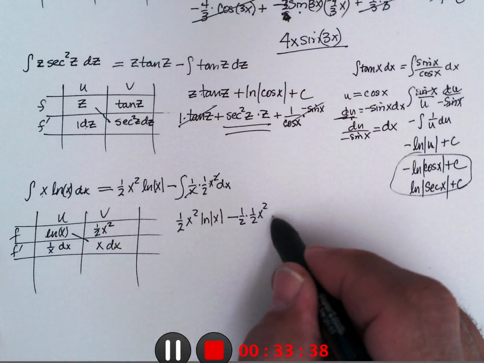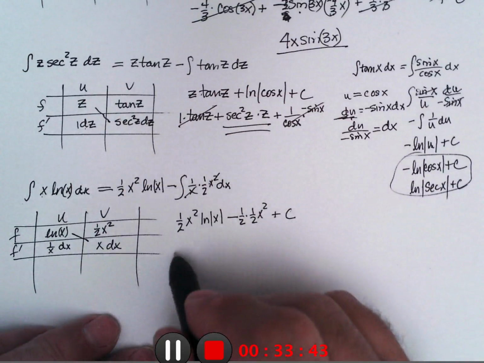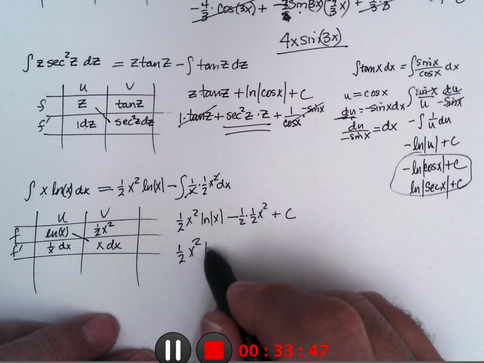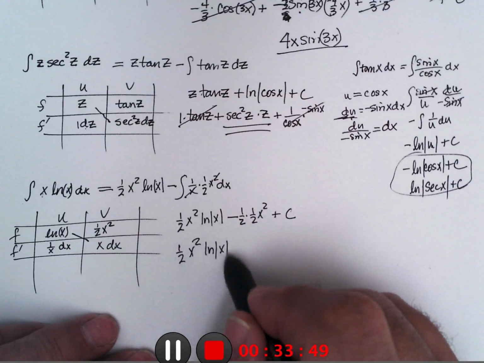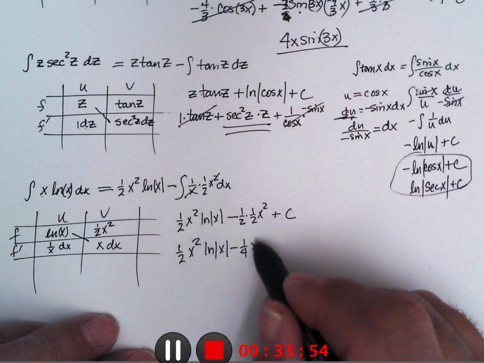So we get 1/2 x squared ln absolute value of x minus 1/4 x squared plus c.